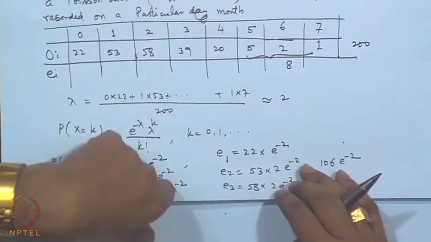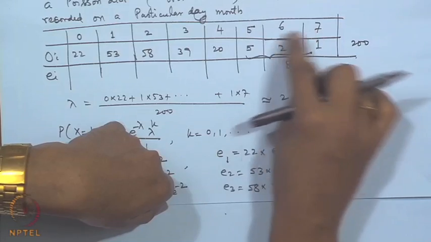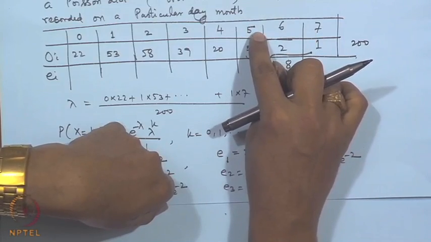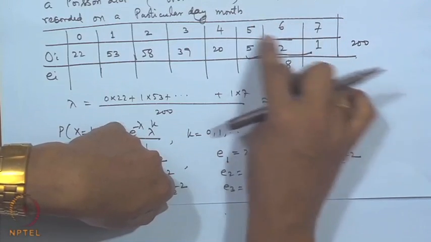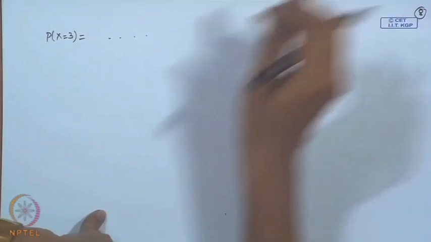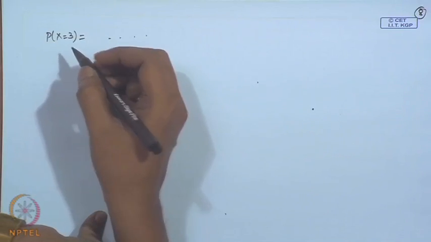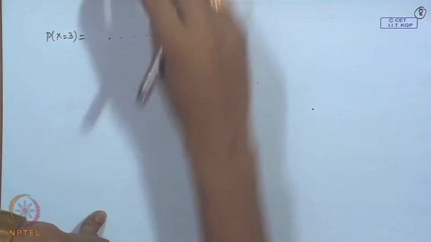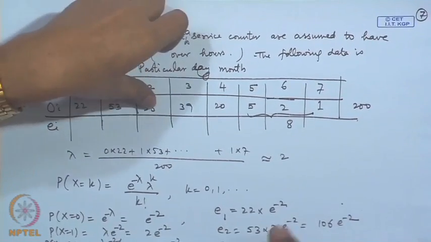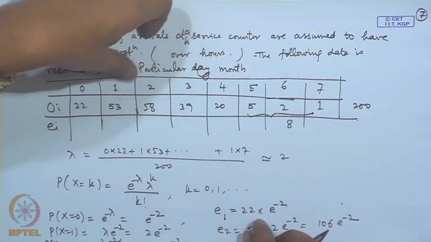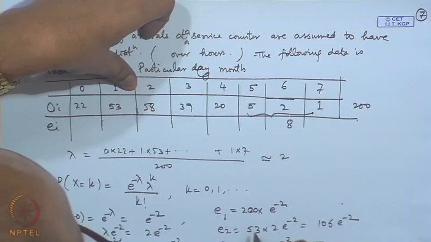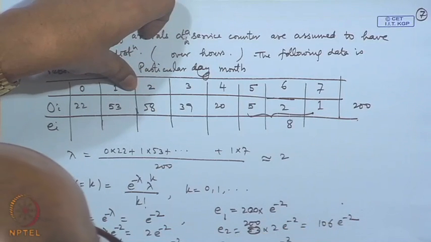And I will combine these three probabilities, that is, you can consider them as probability X greater than or equal to 5. Sorry, this is slightly mistaken here, this should be 200 here, you have to multiply by n.